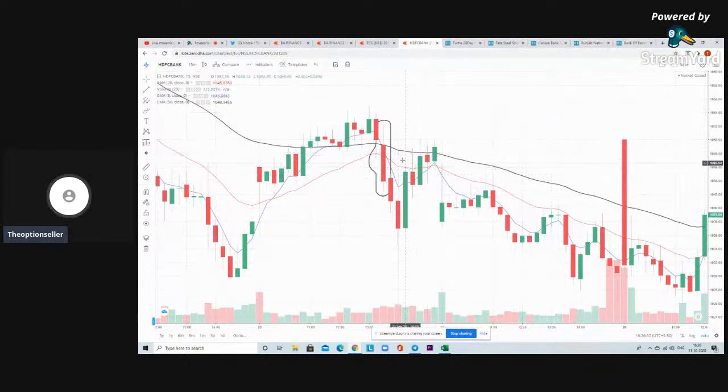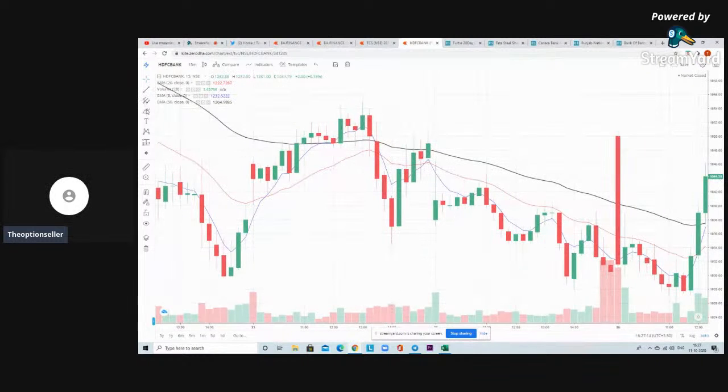We can't, because the blue line is above the red line. So we can't take an entry. So we wait for the next candle. When this next candle closes here at 1041, then we can take an entry. So we can't take an entry on this candle, but this candle here is a good candle to enter.